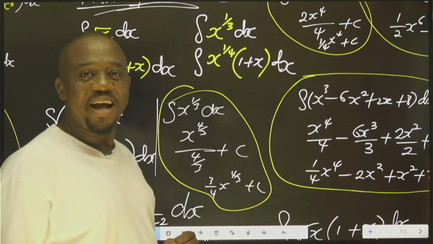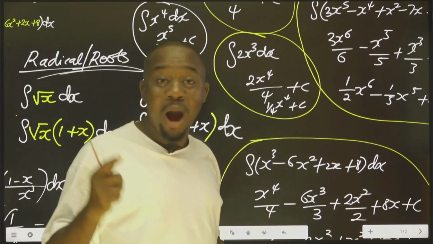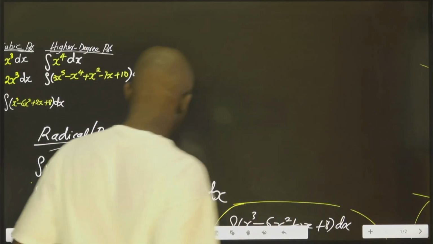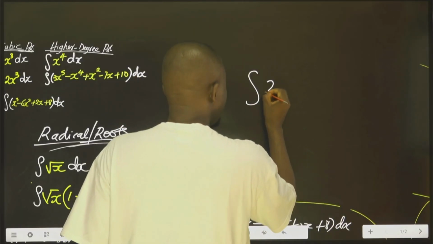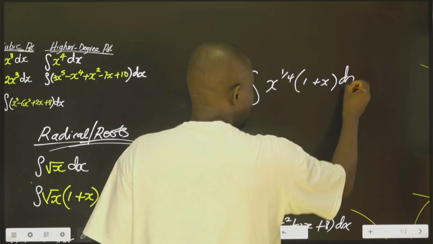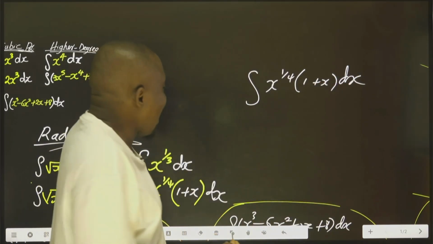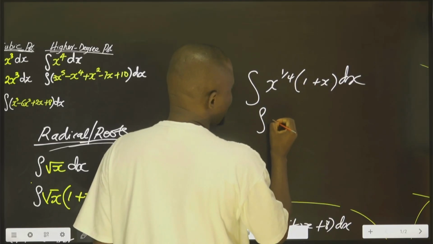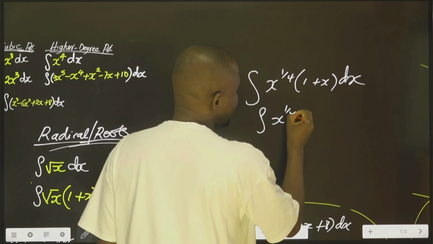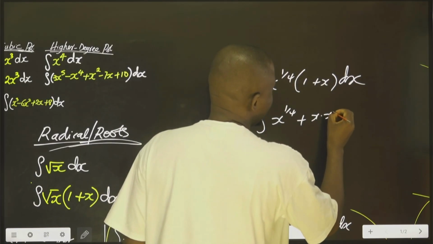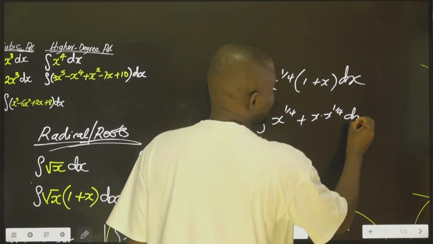Now let's go for the final one. x raised to power 1 over 4, 1 plus x. Let's wipe these guys. Okay? x to the 1 over 4, 1 plus x. Now, we expand. Learn to expand. This will still give us the same thing. x multiplied by x to the 1 over 4.